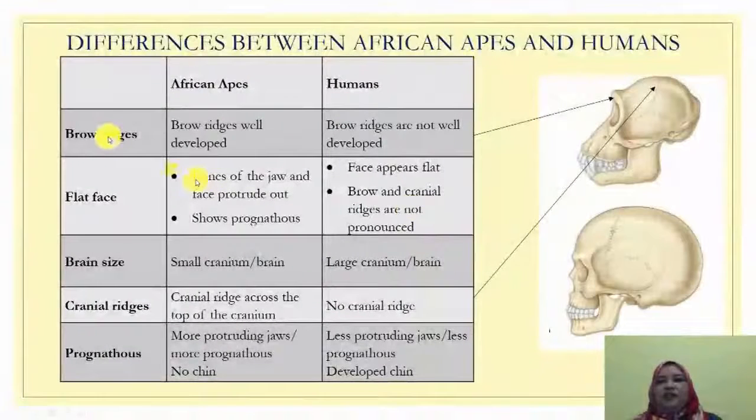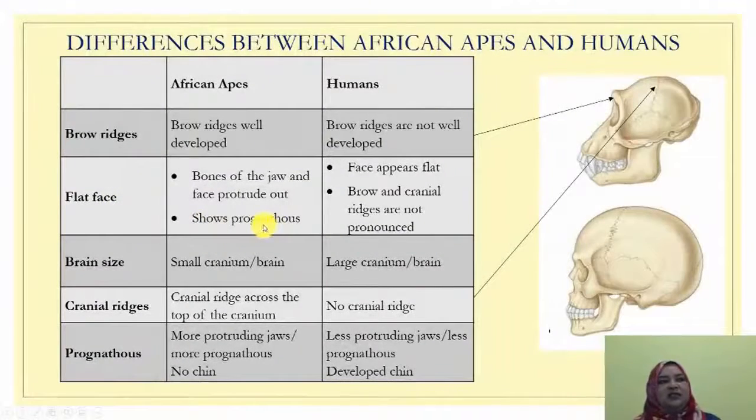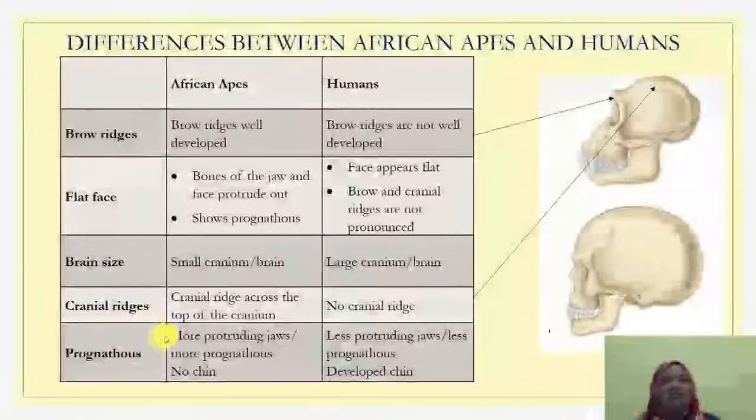If you look at the differences in terms of our brow ridges, our flat face, prognathous is a slope of the face, right? Our brain sizes, which are different, the cranial ridges.